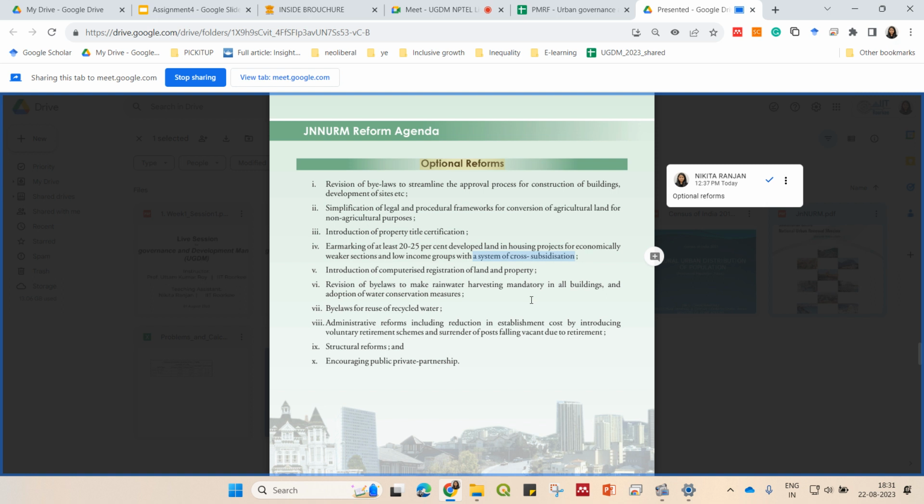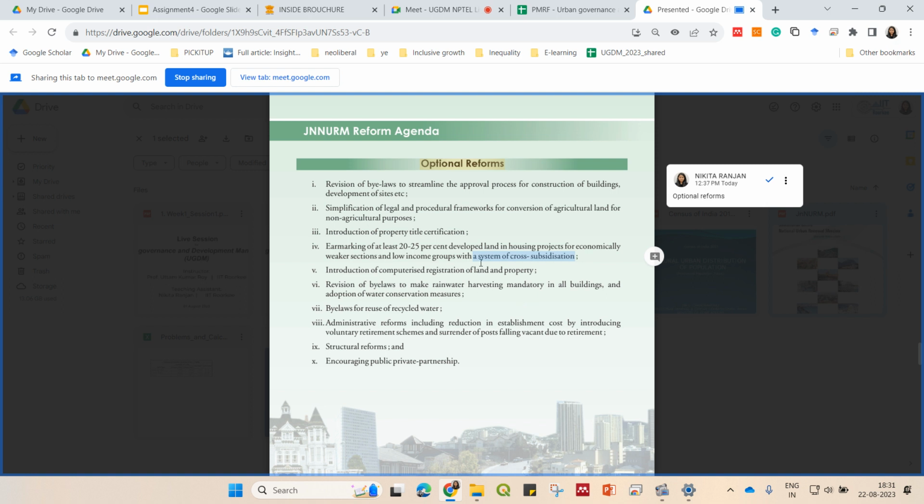So this is what is called cross subsidization. So this is a suggested reform or an optional reform given by JNNURM, which suggests that you earmark 20 to 25% of developed land for EWS and LIGs, and you use a system of cross subsidization for financing the housing projects in that area.